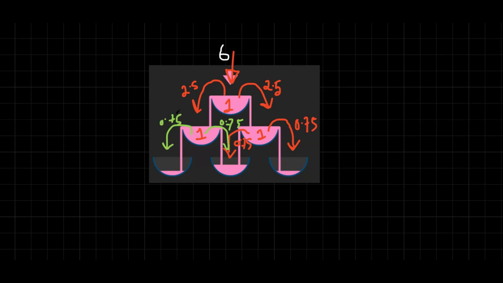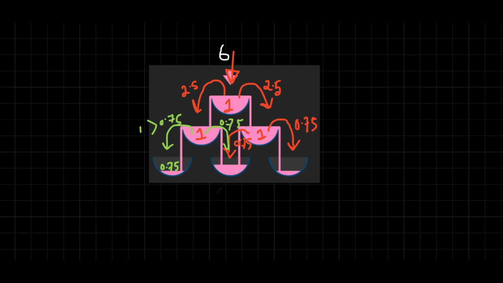So here, till now, 0.75 unit is less than 1, which is less than the maximum capacity of a glass. So here, this glass will contain 0.75 unit of champagne.